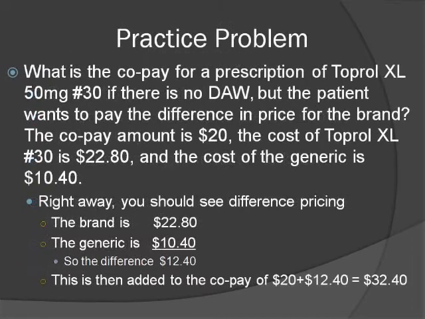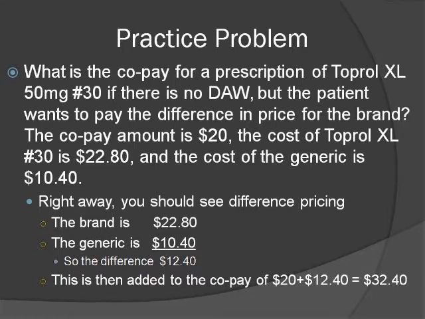Okay, so now let's take a look at a practice problem. In this example, we are asked, what is the copay for a prescription of Toprol XL? And Toprol is a brand for metoprolol. It's a beta blocker medication that's used to lower blood pressure. It's also used for various heart conditions.